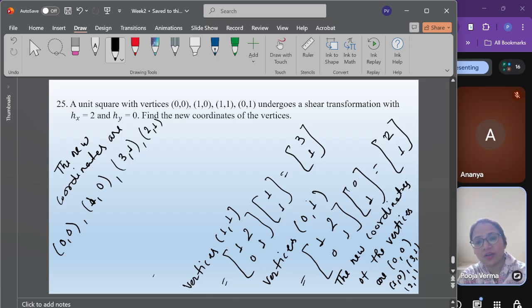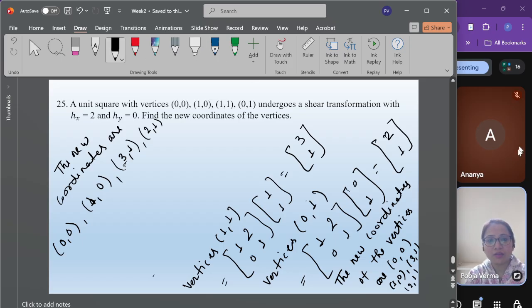Right? So these are the new coordinates. If you observe, we already had the unit square with these vertices. So here the square became a parallelogram, right? With the same area, but the top vertices are shifted, these two shifted by 2 units to the right. Okay, so this is the parallelogram effect that we have seen.